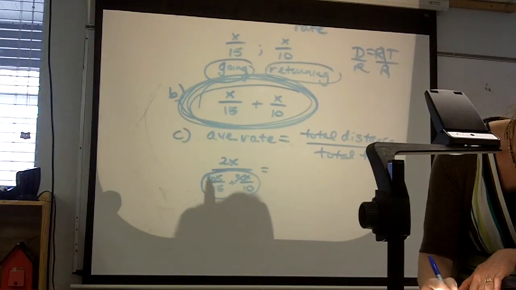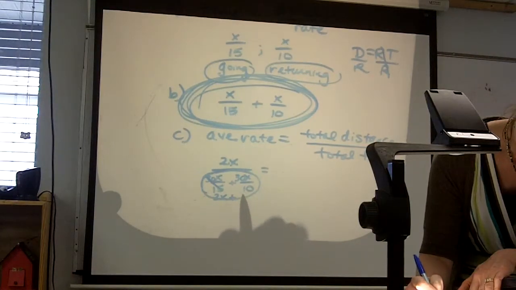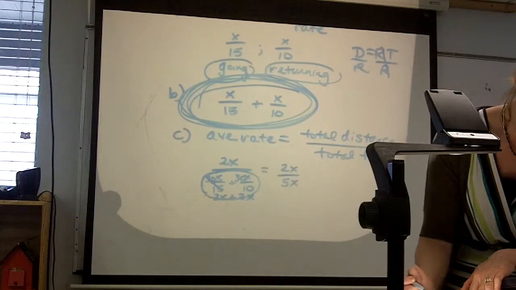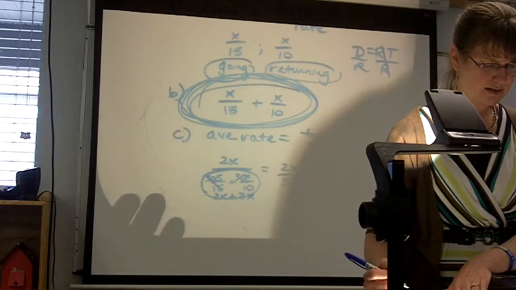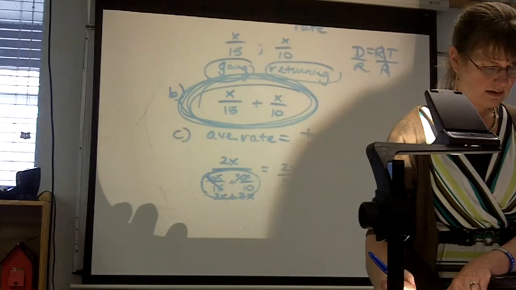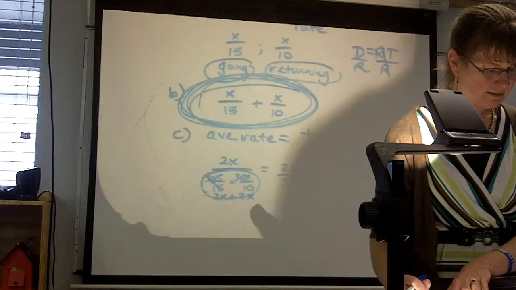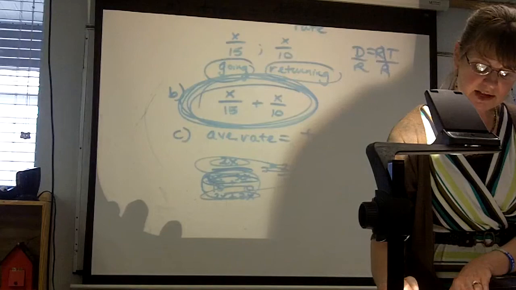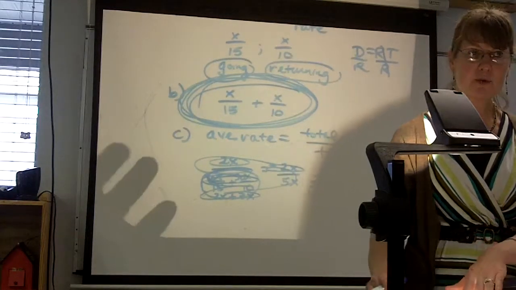So we have 2x and then plus 3x. Now we have 2x over 5x. Why am I getting weird answers? Oh, because it's not equal to anything. Forget that. Because it's not an equation, we can't just cancel things like that.